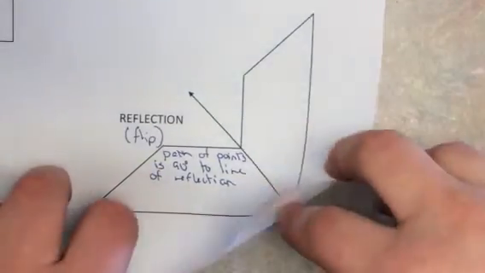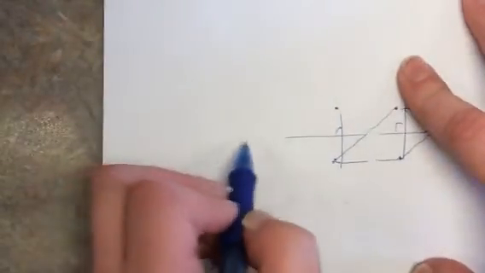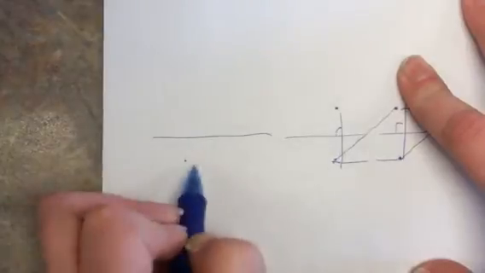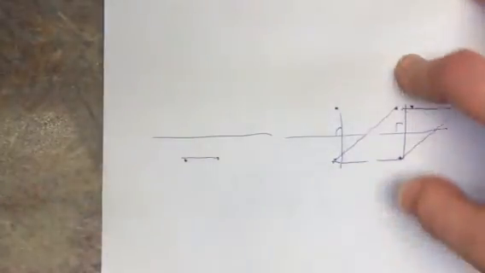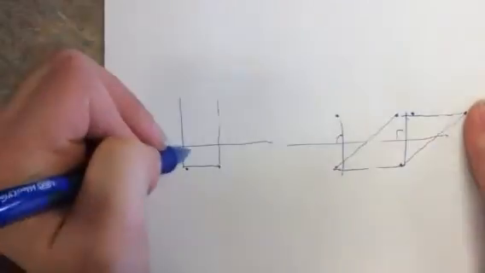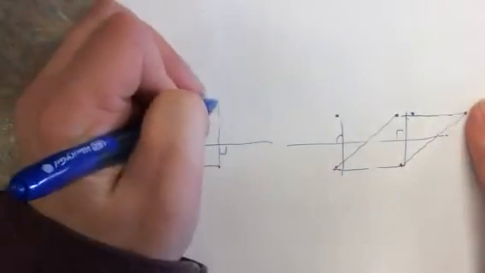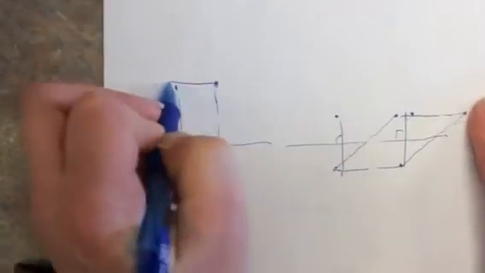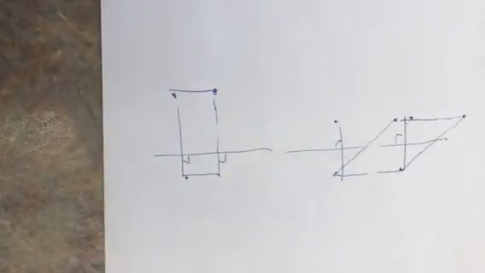I'm going to flip this back over for a second. Let's go back to this again. Here's my point. So, okay. I have to go straight across. So I'm going to go straight across 90 degrees. I went 90 degrees. So that's in the right spot, right? Okay, so this is reinforcing the other big thing that I heard mentioned, which was what? Alex? The distance from the image to the reflection line. Yeah.